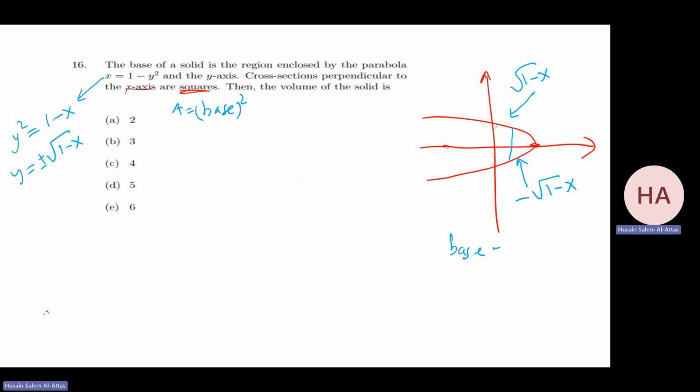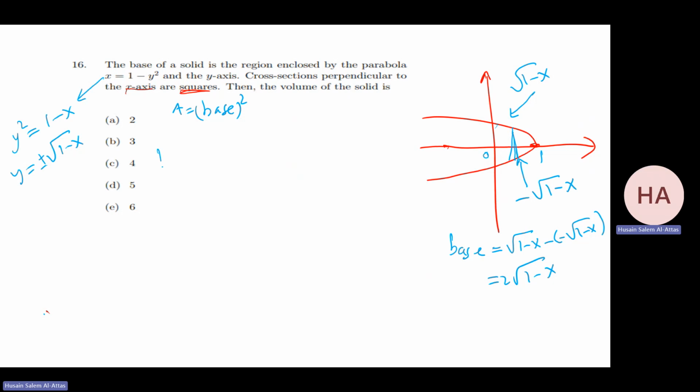So the base will be square root of 1 minus x minus minus square root of 1 minus x. That gives me 2 square root of 1 minus x. From where to where? I need it from 0 to 1, because I need the line all the way covering all of this region.